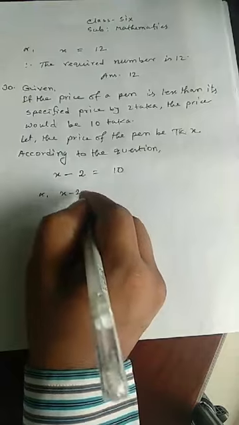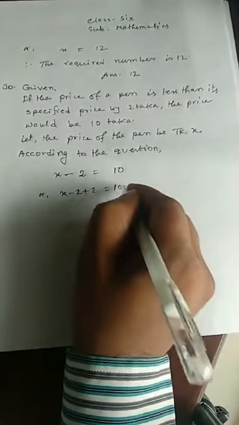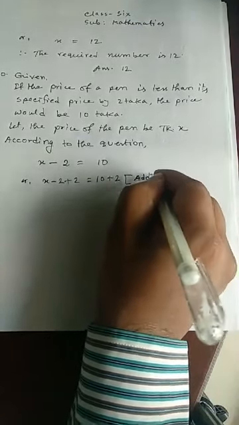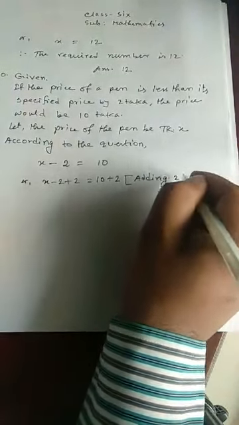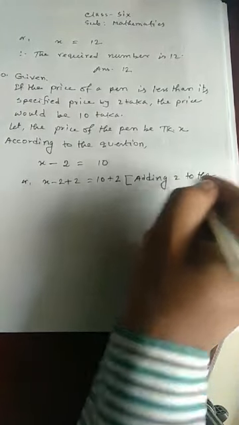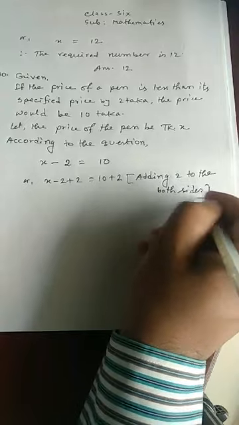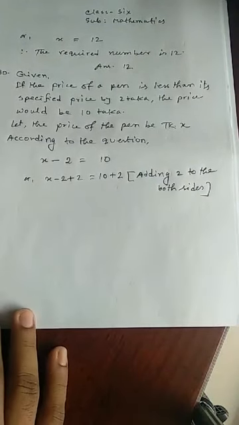Or x minus 2 plus 2 equals 10 plus 2, adding 2 to both sides. Is it clear?